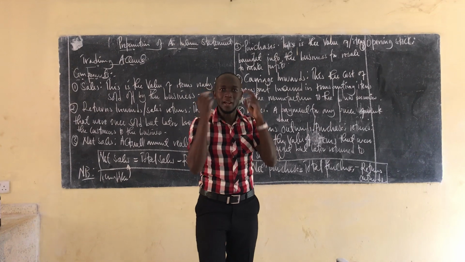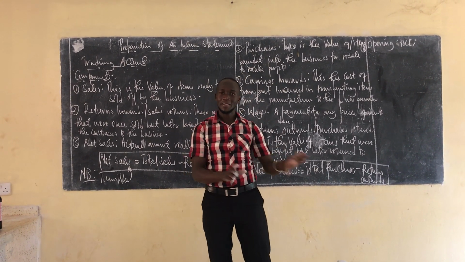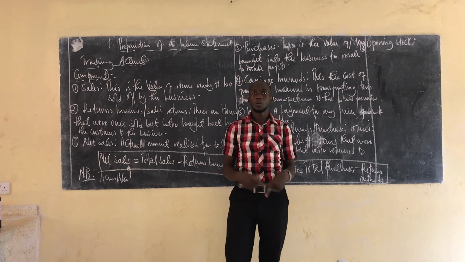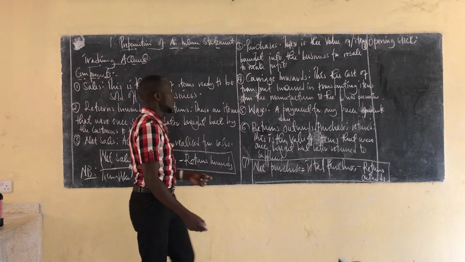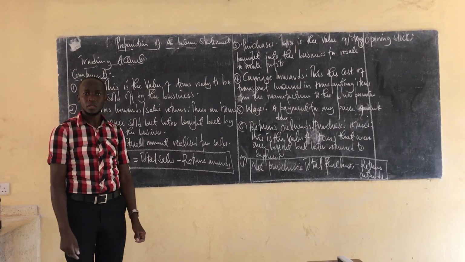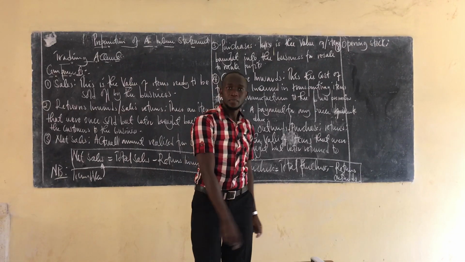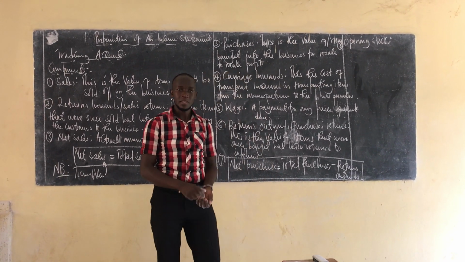Hope it has sunk into your mind. I don't want us to cram this. No. Why? It is real life. There are things that we normally do. None of you has not faced this, as long as you've operated some small business. Even when you are a learner, some learners learn when they are practically participating in business.